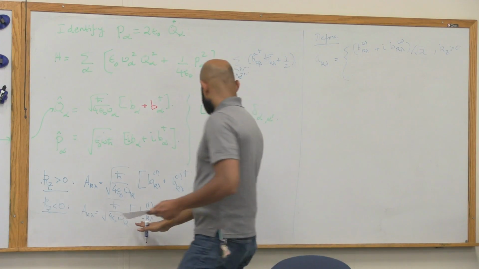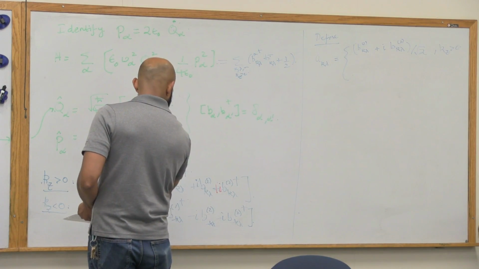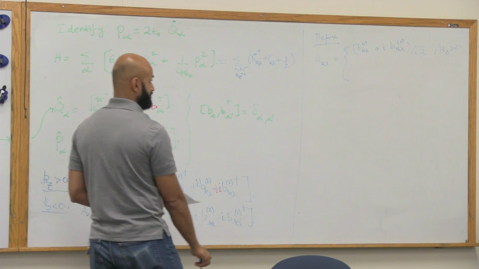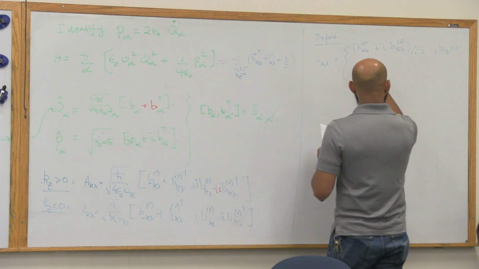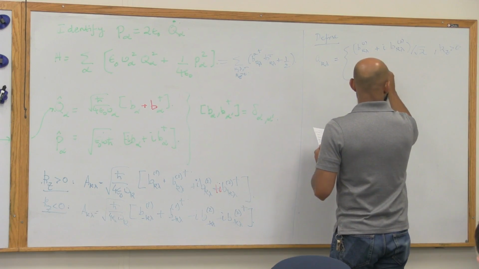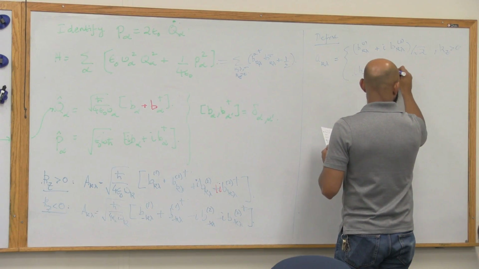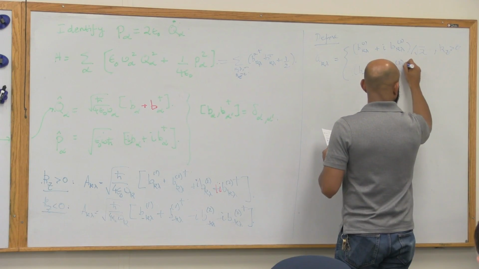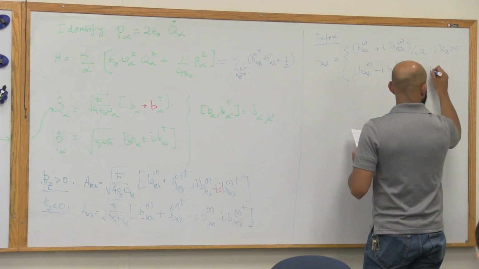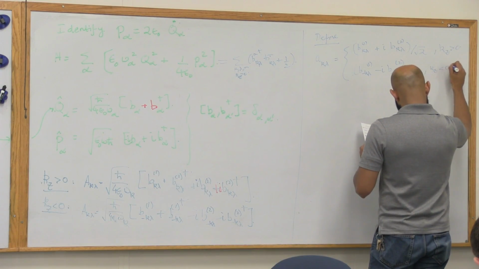And for kz less than 0, I'm going to take b_minus k lambda 1 minus i b_minus k lambda 2, and call that the other part of this definition.